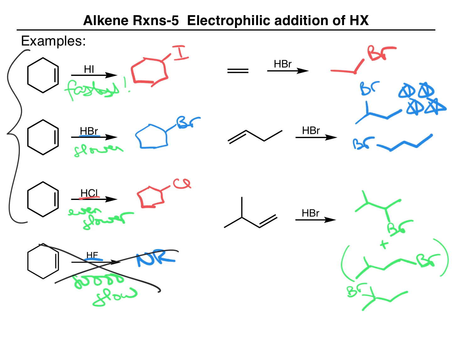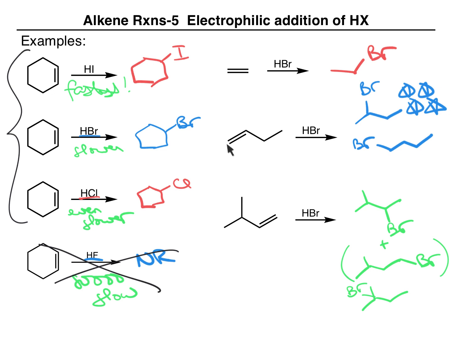So just looking at a few examples, let's think about the experimental evidence that we have so far. HI is more reactive than HBr, more reactive than HCl, more reactive than HF. If we have an unsymmetric alkene where the hydrogen could add here and the bromine here, giving this product, or the hydrogen becomes connected here, the bromine becomes connected here, giving this product, there is apparently a preference.